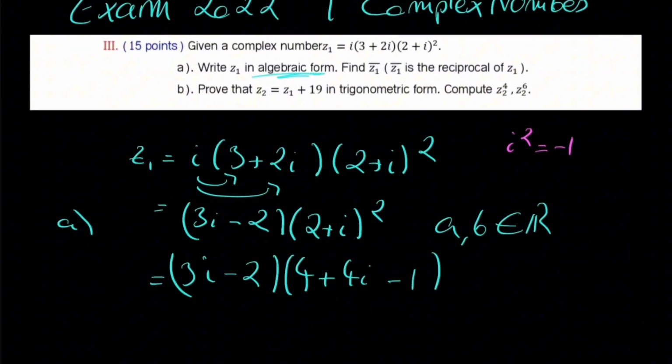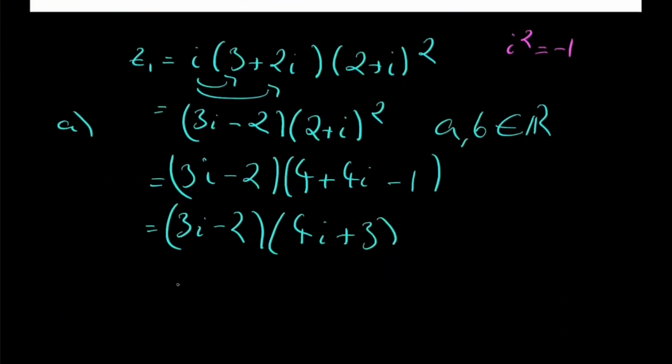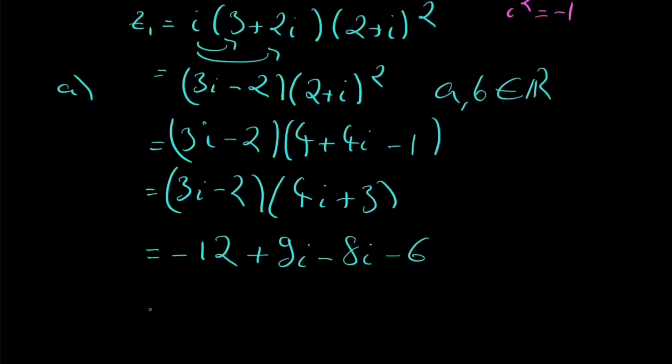Okay, so we've got 3i minus 2 times (4i plus 3). So let's develop that. So we've got minus 12, plus 9i, minus 8i, minus 6 is equal to minus 18 plus i. So z1 is equal to minus 18 plus i.